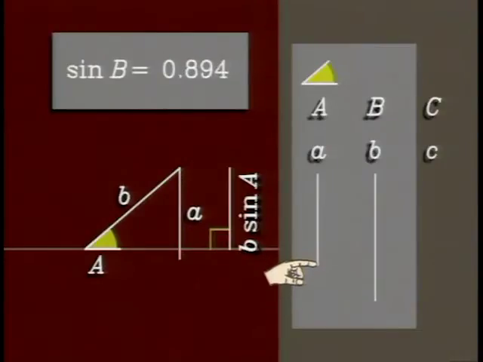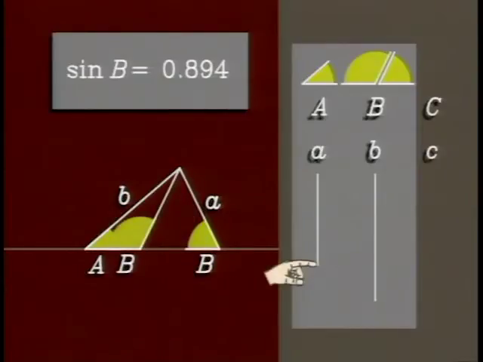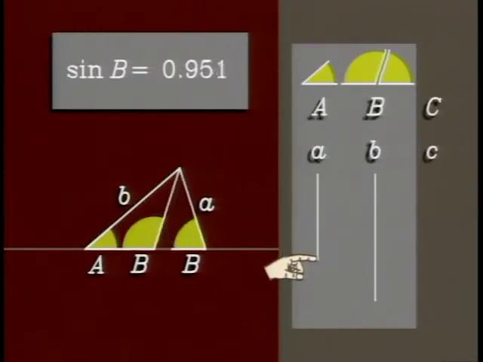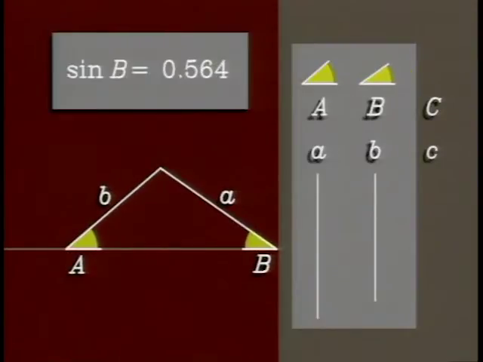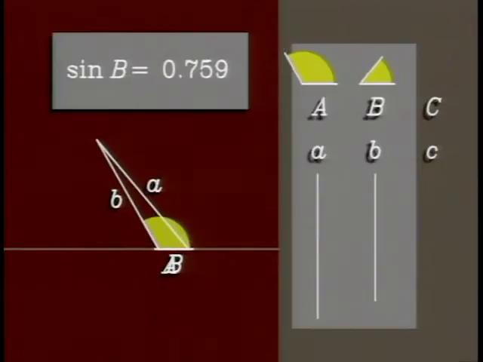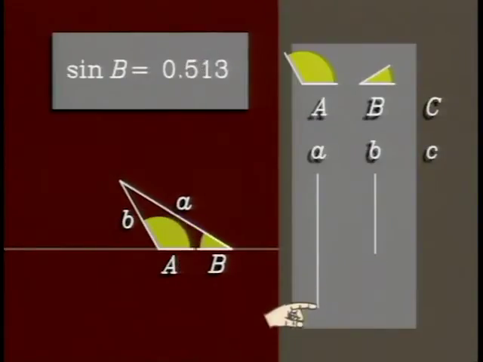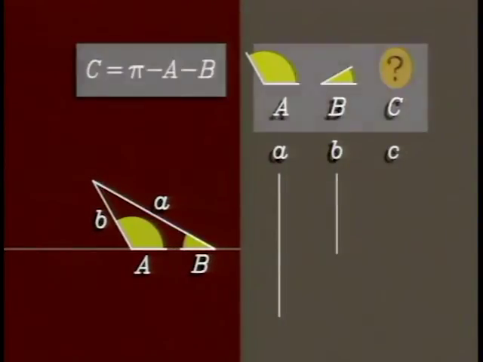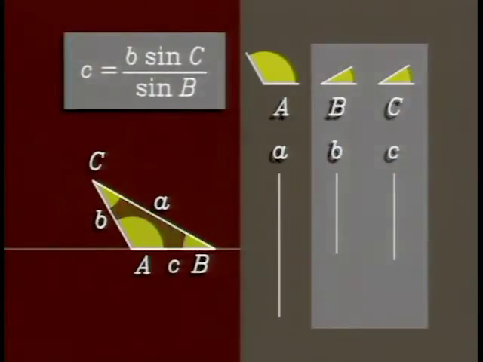If A is greater than B sine A, there can be two possible supplementary angles B. And if side A is greater than B, there is only one possible angle B. Finally, if angle A is greater than a right angle, there is at most one angle B. Now we know two angles and a side between them, and the problem is just like the first example.